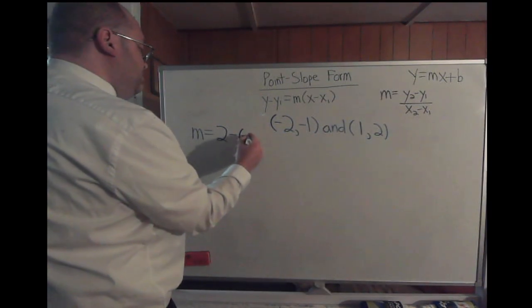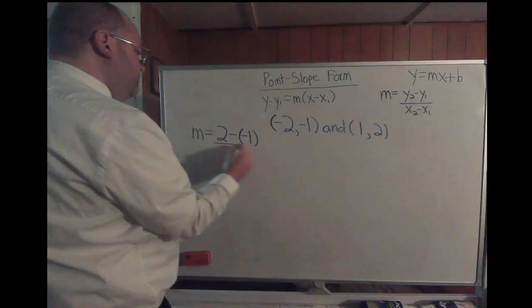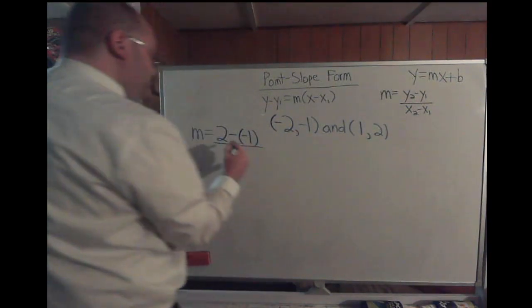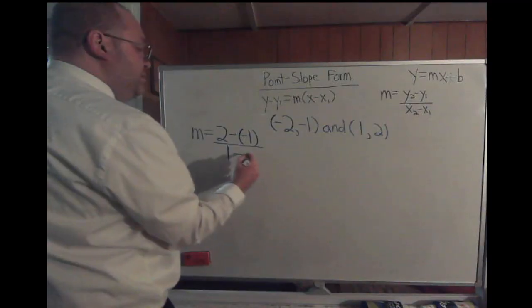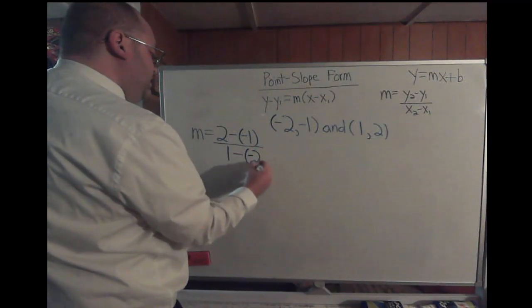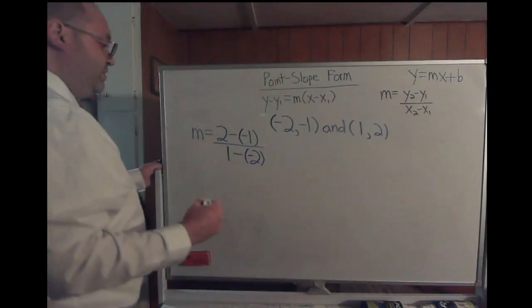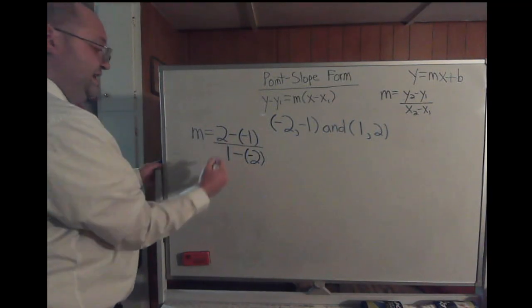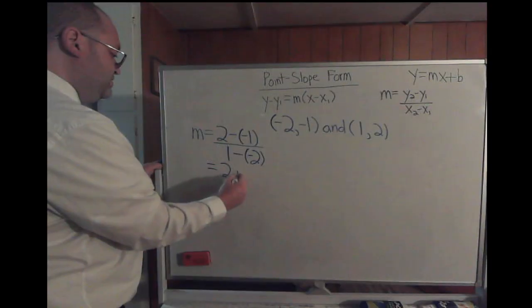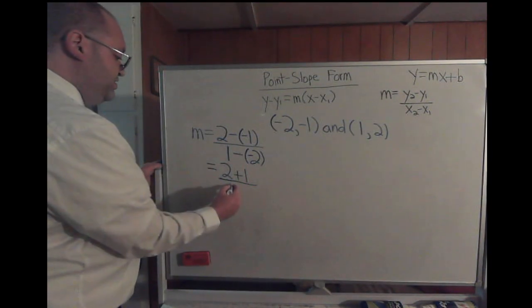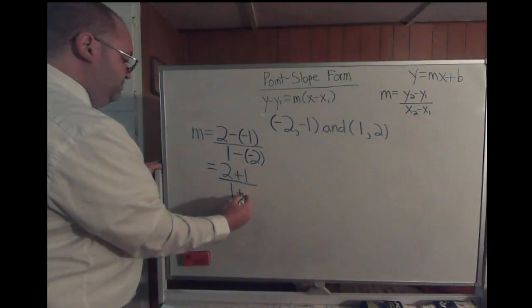So we'll have 2 minus -1 over, now we'll have x2, which would be 1, minus x1, which would be -2. So you'll have 2 minus -1 over 1 minus -2, which we know 2 minus -1 is the same as 2 plus 1. And then 1 minus -2 is the same as 1 plus 2.